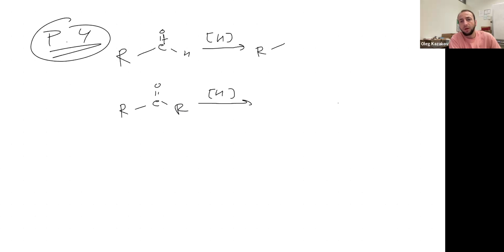As you may guess, the geometry will change. We'll not have the trigonal planar geometry anymore, but rather we are going to have sp3 hybridization followed by tetrahedral geometry of this carbon atom right here. The bonds between O and H will be formed and C-H will be formed.